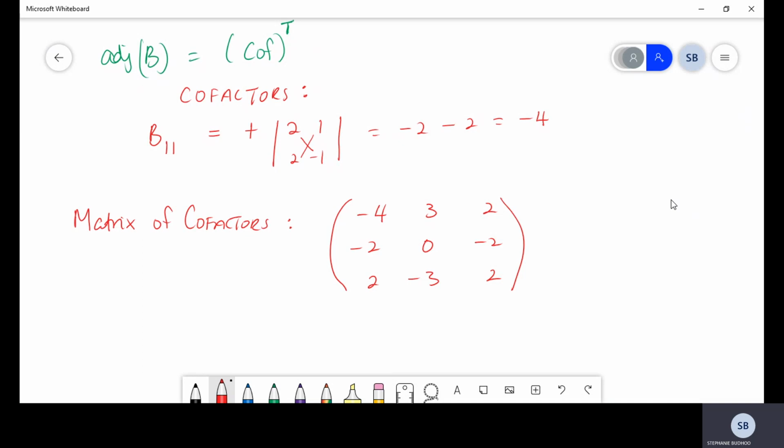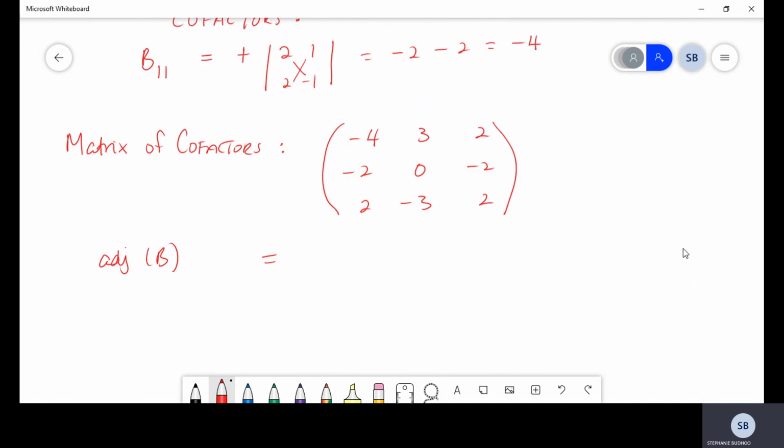If we go back to our adjugate, it is given by the transpose of this matrix. So transposing this matrix will give us, remember, transposing means to switch your rows to become columns, and vice versa.